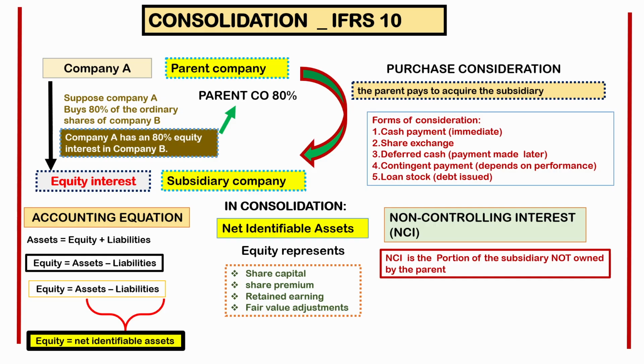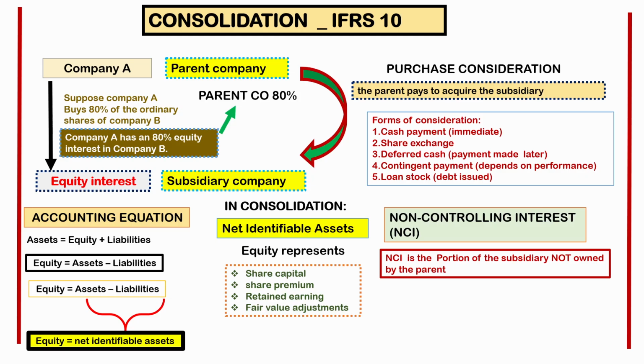When you look at the equity interest, the parent company only acquired 80% here. So it means that there is a portion which was not acquired by the parent, and that portion belongs to a group of shareholders that we normally refer to as the non-controlling interest. Non-controlling interest is the portion of the subsidiary which has not been acquired by the parent.